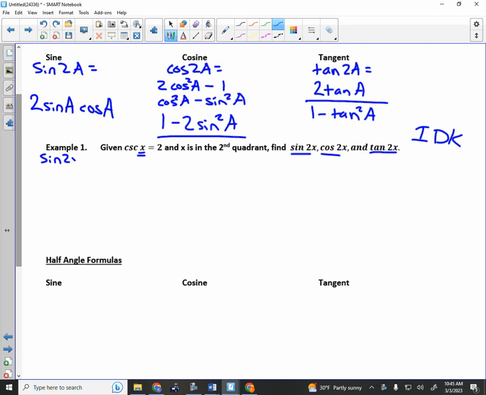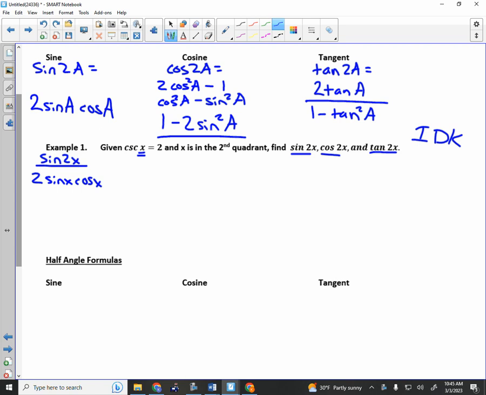Sine of 2x is going to be 2 times the sine of x times the cosine of x. That's my double angle. Can somebody tell me if cosecant is 2, what else do you know?